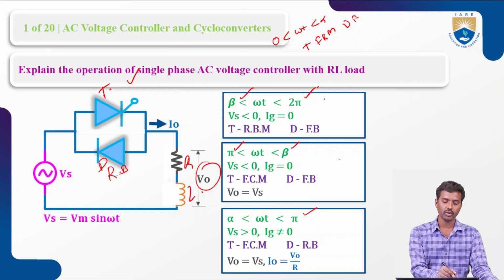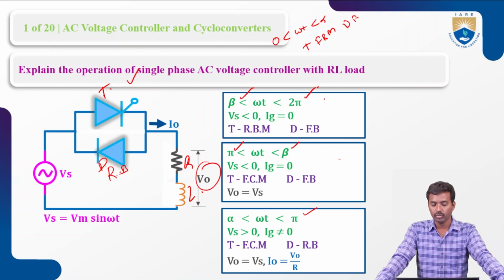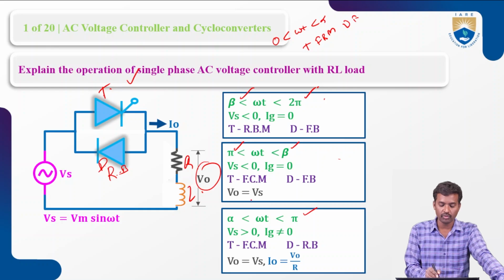Next, alpha to pi, the thyristor is in forward conducting mode and the diode is in reverse bias. And next, pi to beta, T is in forward conducting mode and D is also in forward conducting mode.